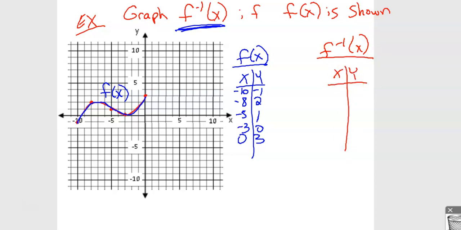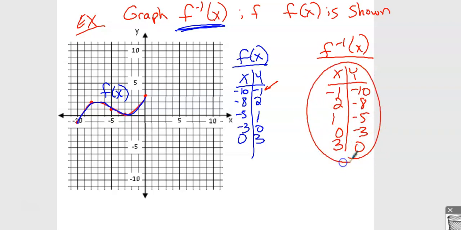So look at the y column right here is -1, so I'm filling that with -1, and then that's going to be -10. And then 2, -8, 1, -5, 0, -3, and then 3, 0. And then you can graph those points on there to see what the inverse function would actually look like.